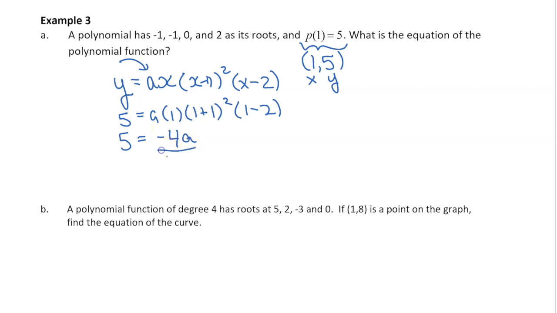And then divide by -4, divide by -4, and our a value is -5/4. So we should write out our final solution, and we could say something like y equals -5/4 (x plus 1) squared and (x minus 2).